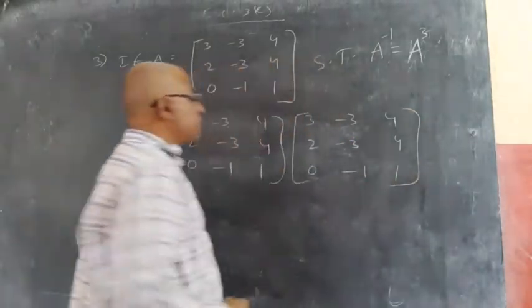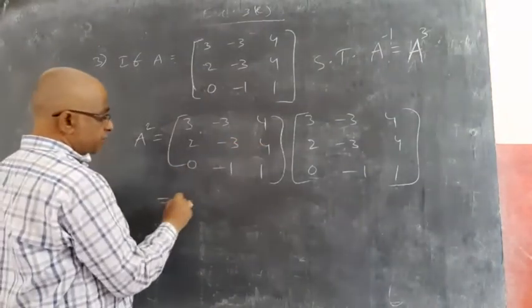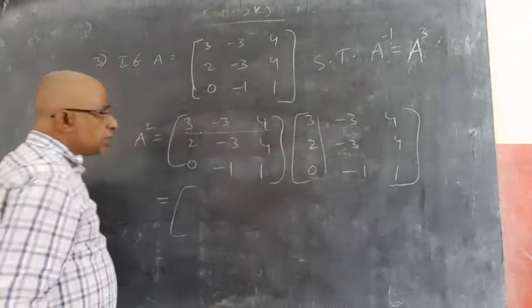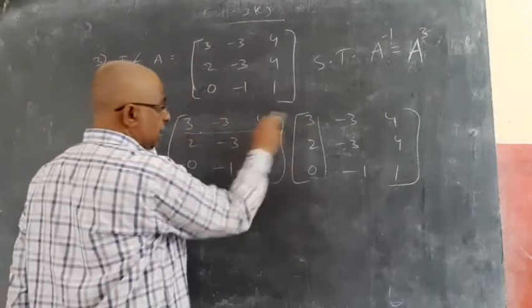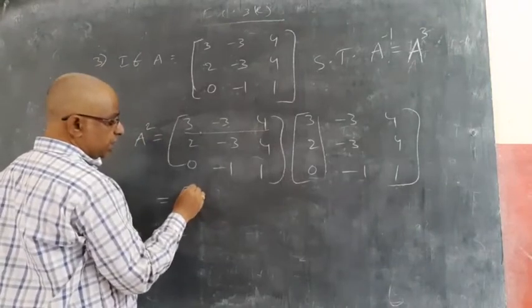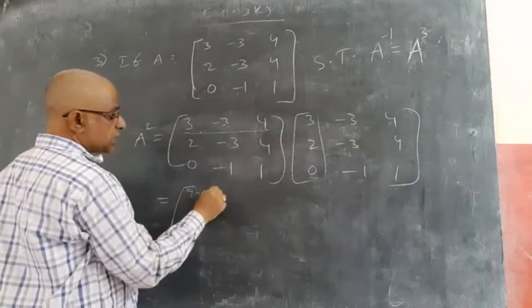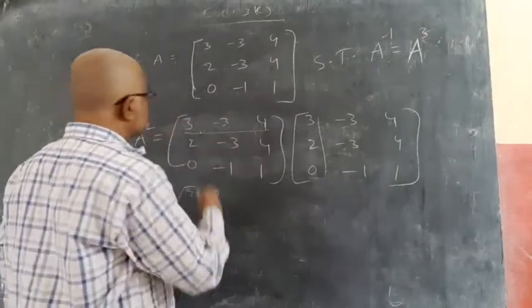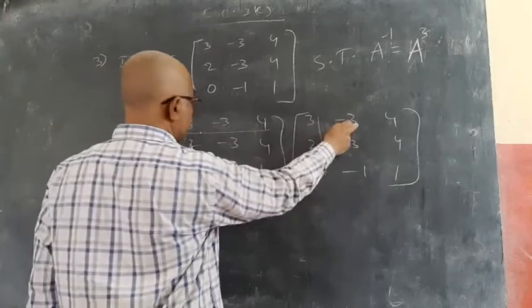I need to multiply this matrix with that matrix, A into A gives me A square. First row with first column: 3 threes are 9, minus 6, plus 0, which is nothing but 3 here. Next, first row with second column.